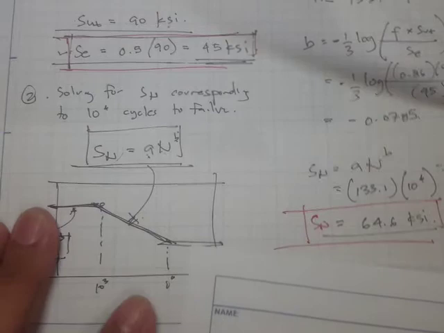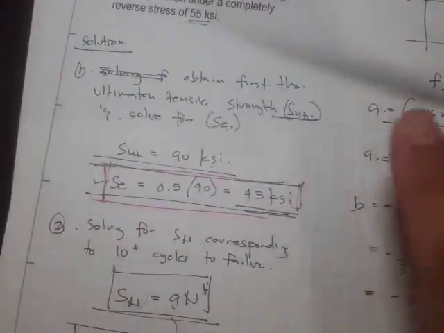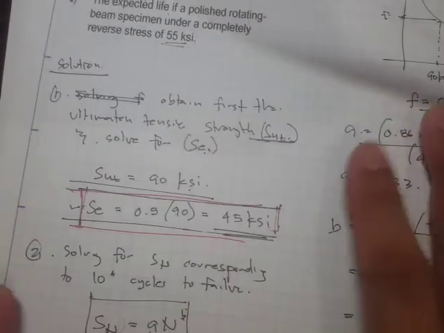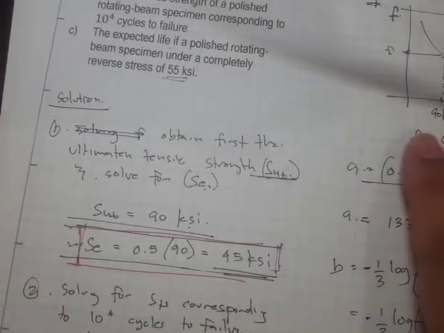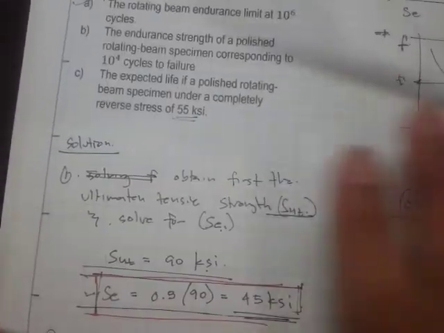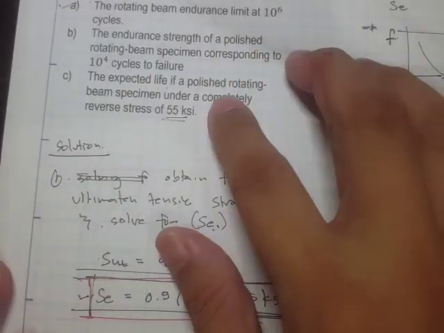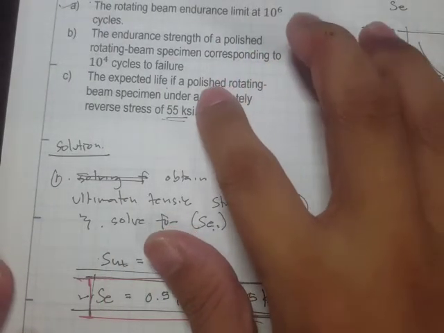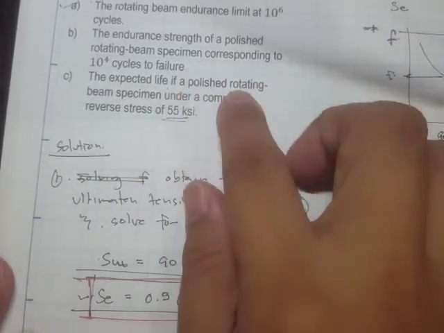Okay, so if we review what we did, this is an ideal specimen. I mean, we are considering or solving the standard specimen, because it says here polished rotating beam specimen, right?